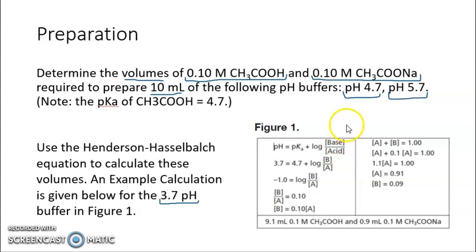Now I've been using HA and A minus as generic placeholders for the acid and the conjugate base. In the terminology of the investigation manual, they're using base and acid, or B and A, as the same generic placeholders rather than writing out acetic acid.